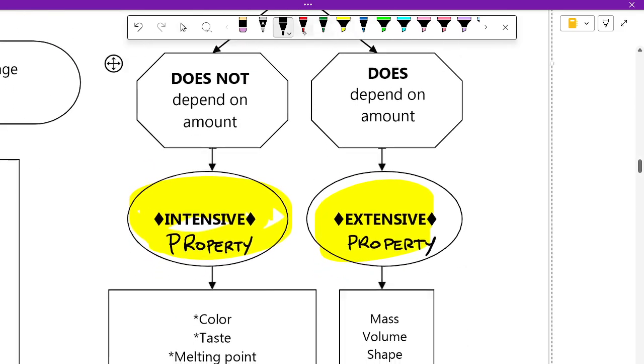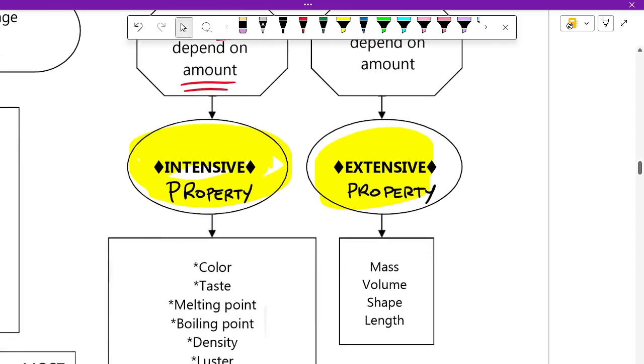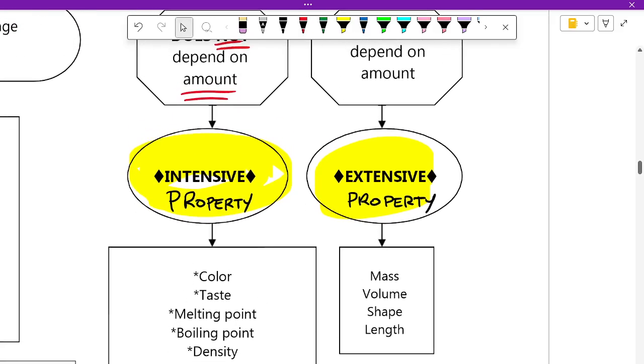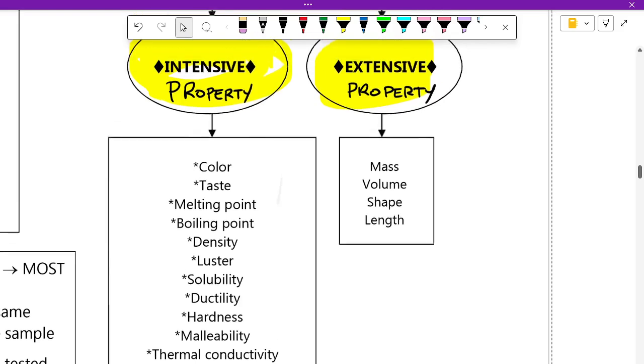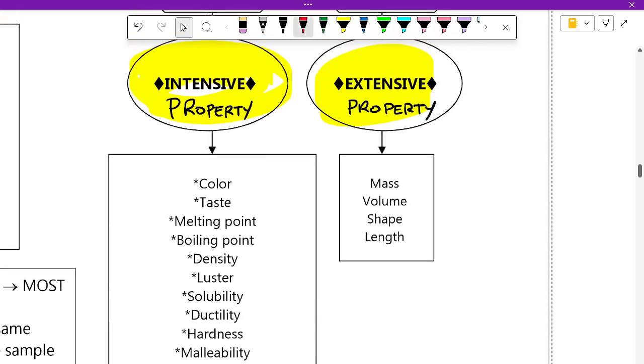Intensive does not depend on the amount. So if you have color, does the color depend on the amount? No. Does taste depend on the amount? No. Ice is going to melt at the same temperature, whether you have a small cube of ice or a big glacier. It's always going to melt at 0 degrees. So these are all things that do not depend on the amount. These are all intensive properties.